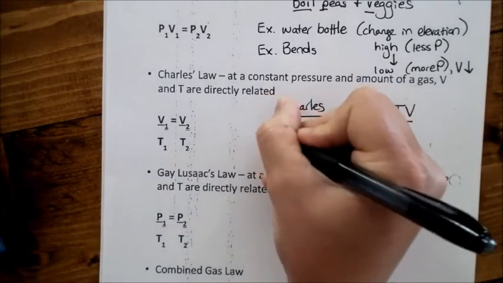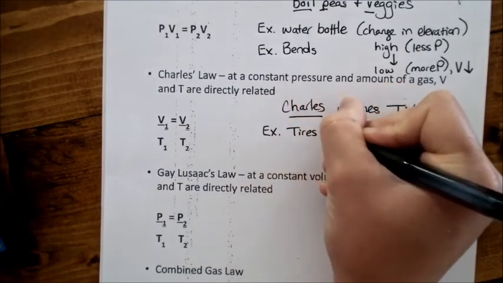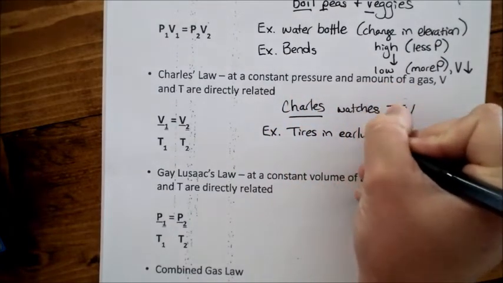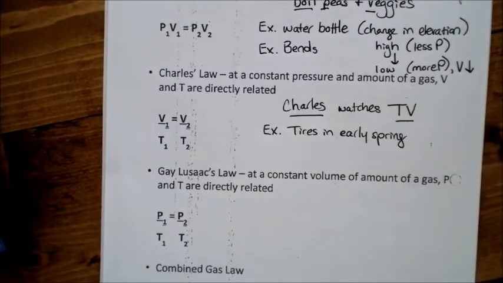So an example I'm going to give you here is what happens to your tires in early spring. If you ever go out to your car on an early spring morning where it's really cold outside, and you look at your tires, you might notice that they're a little low. It's not necessarily because they've lost air and you need to refill them.